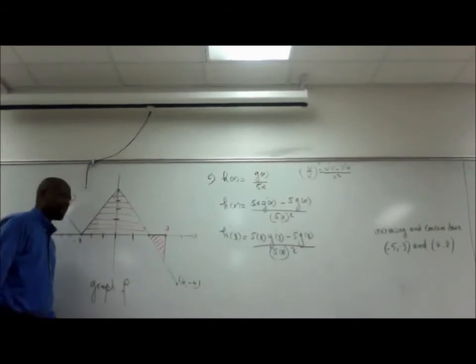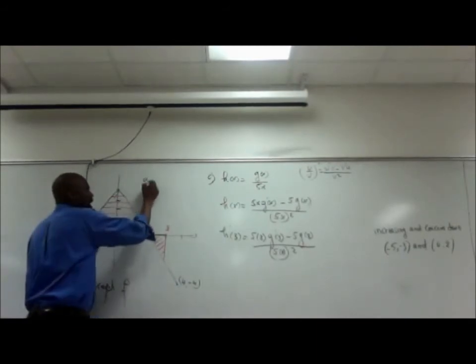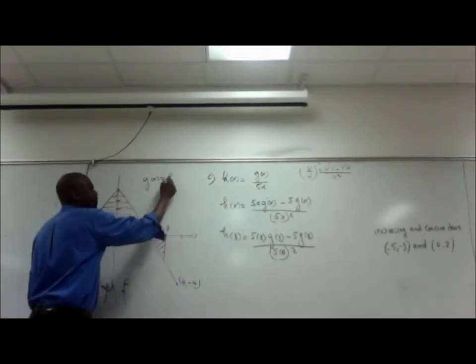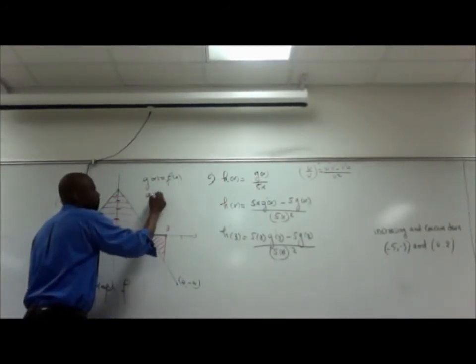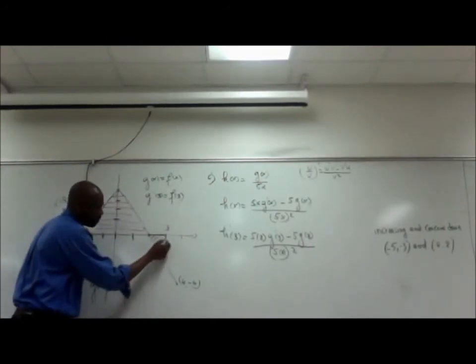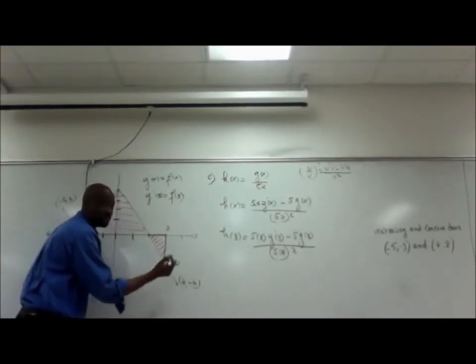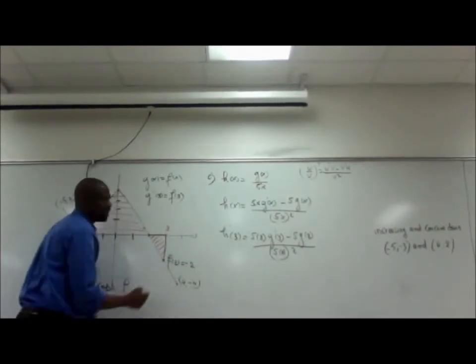Now look, guys, we say g prime of x equals f of x, so g prime of 3 is just f of 3. What is f of 3? This is f of 3. It's -2, very good. F of 3 is equal to -2.